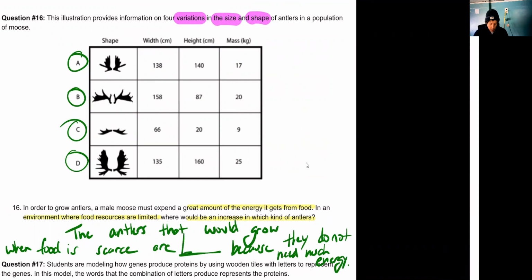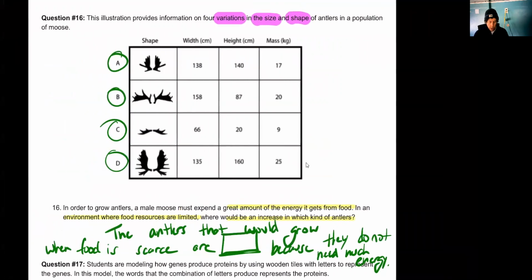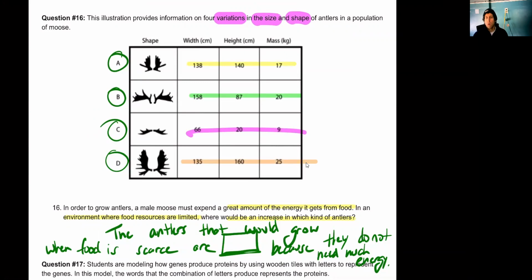So now can you look at the table and try to identify which of these different moose antlers would be the ones that we would grow, which ones would require the less energy.